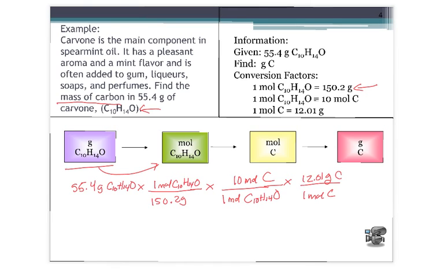And you see how the grams here cancel out, the moles of Carvone cancel out, the moles of carbon cancel out, and we end up with 44.3 grams of carbon. So if we have 55.4 grams of Carvone, 44.3 grams of that is actually carbon.